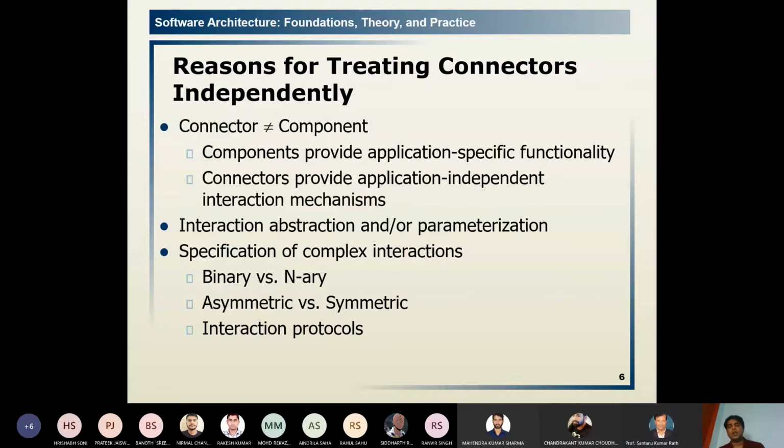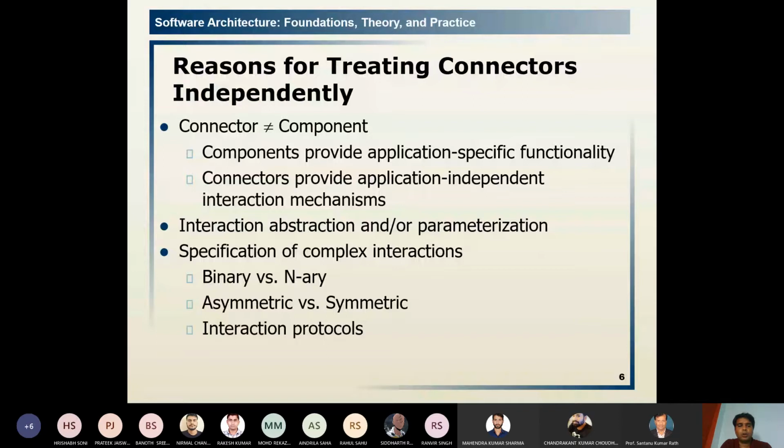But the connectors provide application independent interaction. The connectors will not help us in executing the application. They are independent. They just interact with the components.